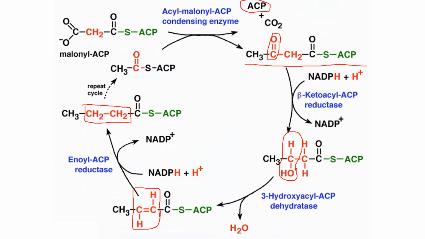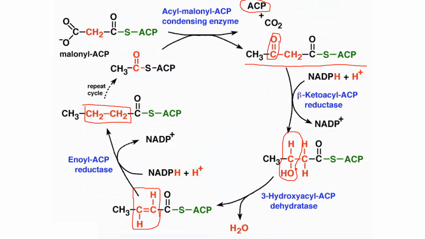So we have added 2 carbons to produce a 4-carbon acyl group. This acyl group will then be condensed with another malonyl ACP in the second round of biosynthesis. So each successive round elongates the acyl ACP unit by 2 carbon atoms.